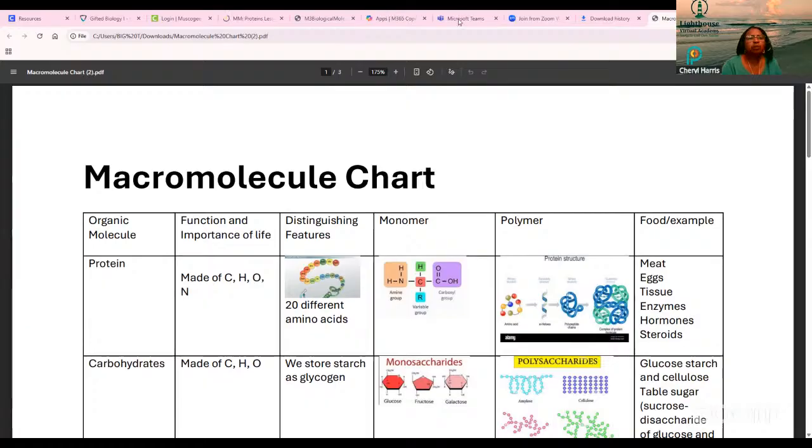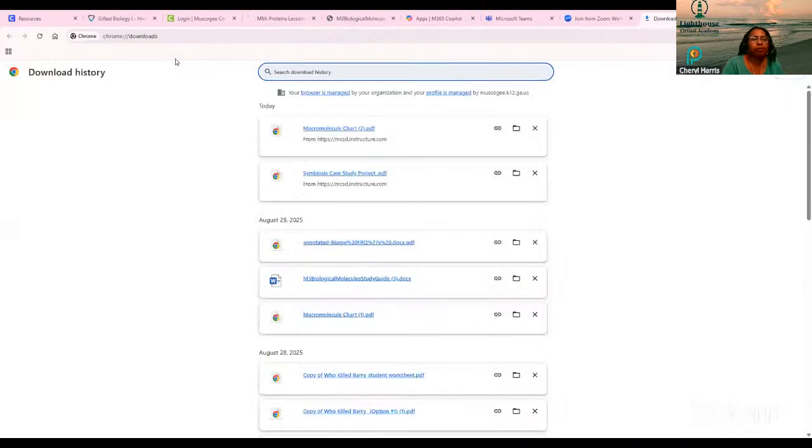Let me pull mine up the way I want to pull it up. Now that'll come up as a macromolecule as well. This is why I did it in Word, so that we can adjust it as needed.